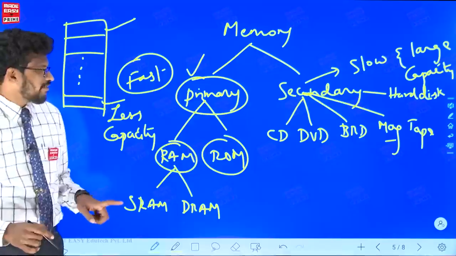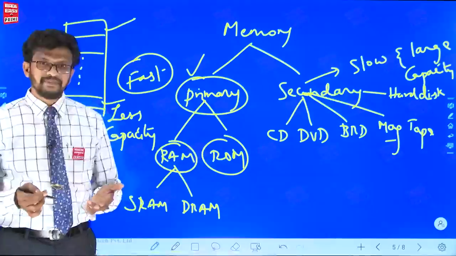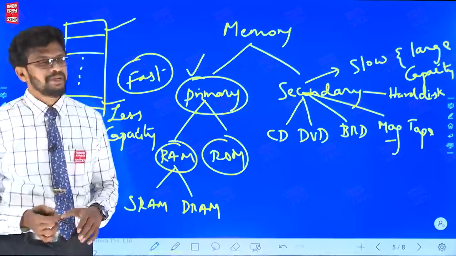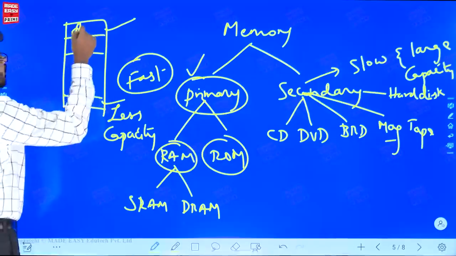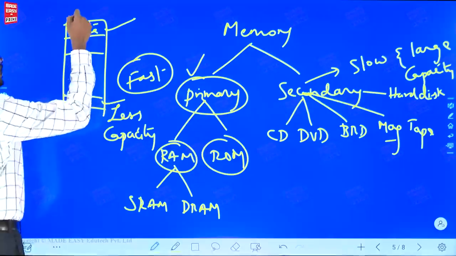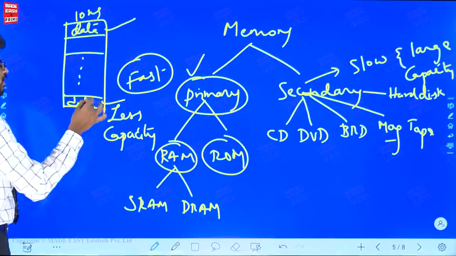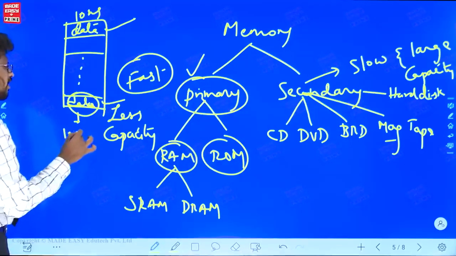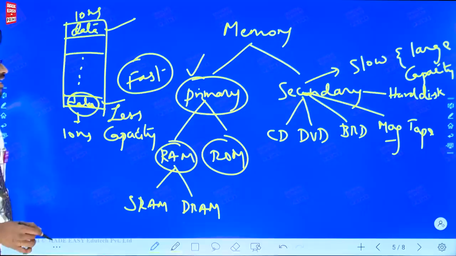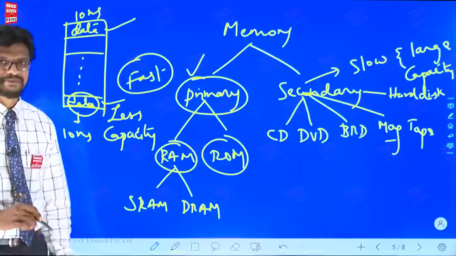To read the data from this location, say I require 10 nanoseconds. To read the data from the last location also requires 10 nanoseconds. So both are random in nature.